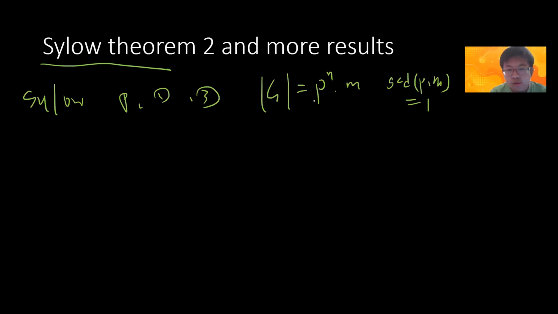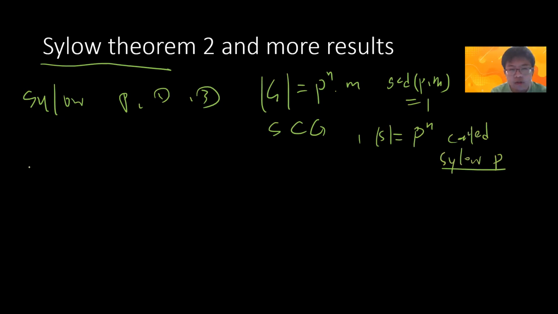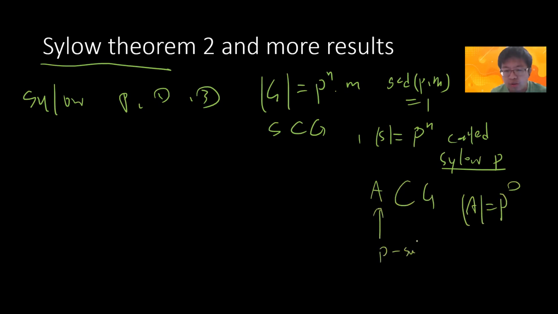A Sylow p-subgroup is a subgroup S of G whose order is p^n. In general, if you have another subgroup A of G whose order is a prime power, then A is called a p-subgroup.